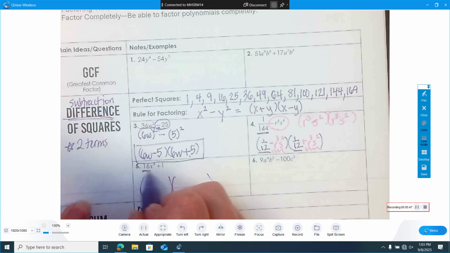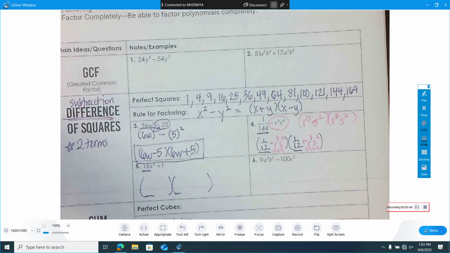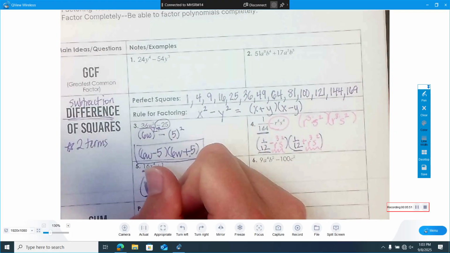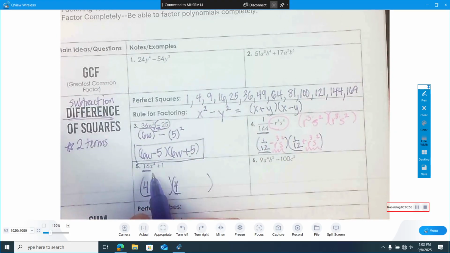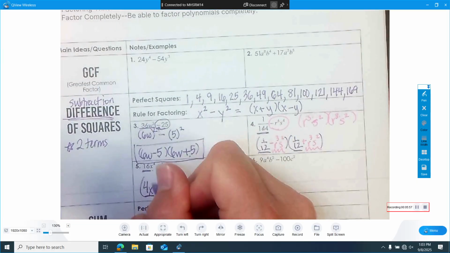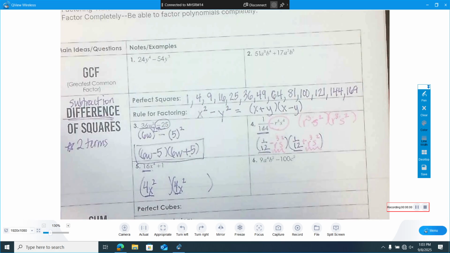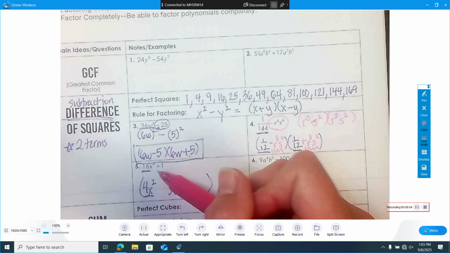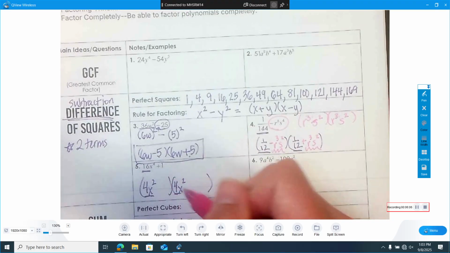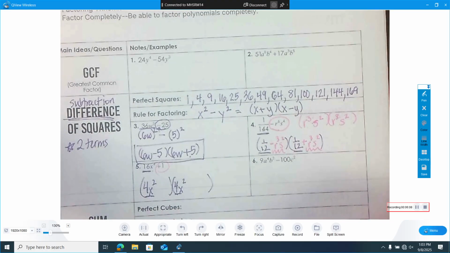First times first has to give me the first thing. What times what is going to give me 16x to the 4th? 4 times 4 gets me the 16. How do I get x to the 4th? X to the 2nd times x to the 2nd. Very good. Oh, wait a minute. How do I get a positive? Is this the right pattern?